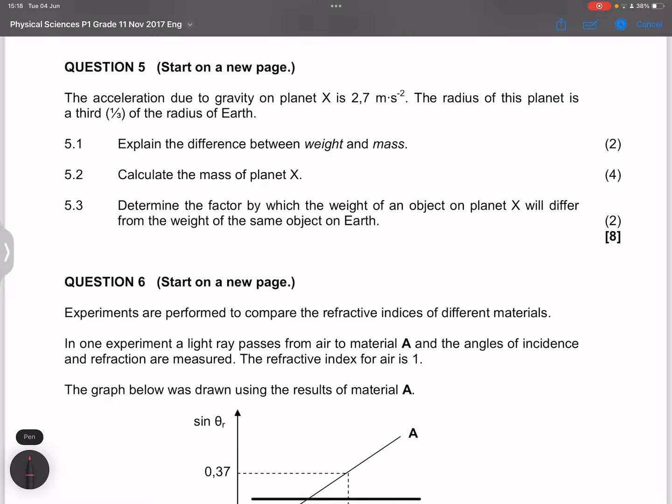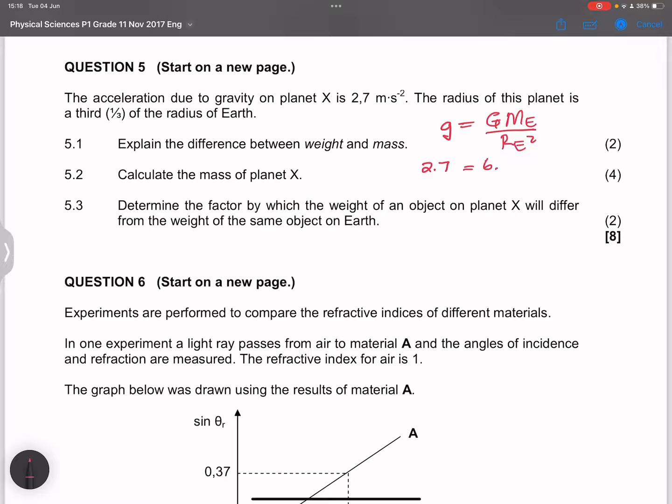So gravitational acceleration is actually G times the mass of the Earth divided by the radius of the Earth squared, right? Now we know on the Earth it would be 9.8, but on this planet the gravitational acceleration is 2.7, right?